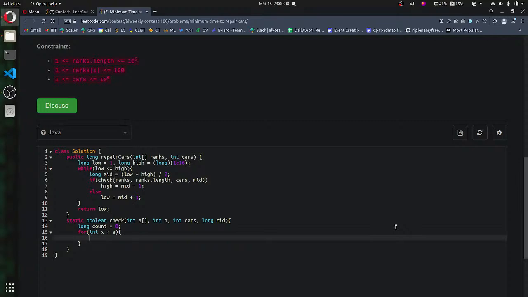So n square should be less than mid by x, and n must be less than root of mid by x.